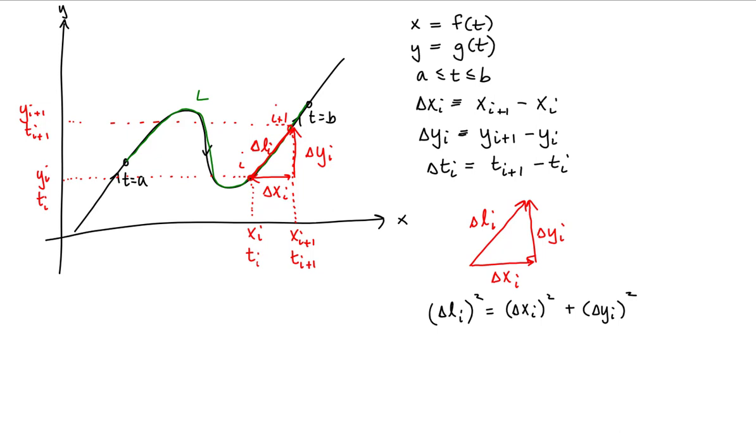So in order to find the length of this tiny line segment delta L sub i, we should acknowledge that its length is dependent on the rate at which x and y change with respect to t. Let's reflect that relationship by dividing each of our increments, x and y, by the parameter delta t.